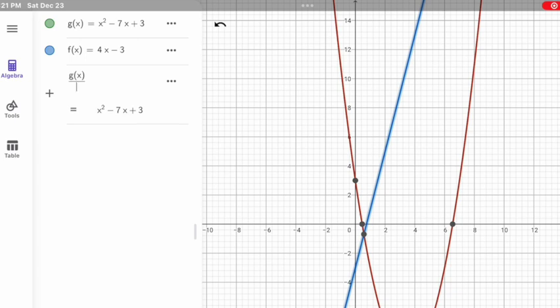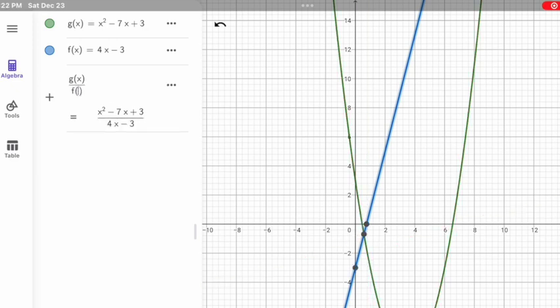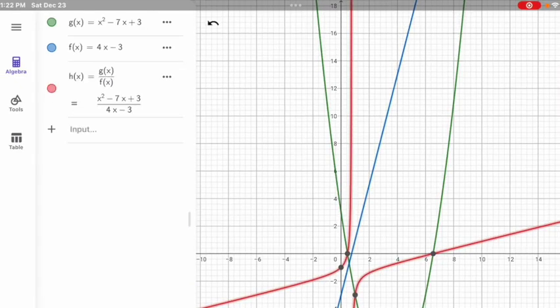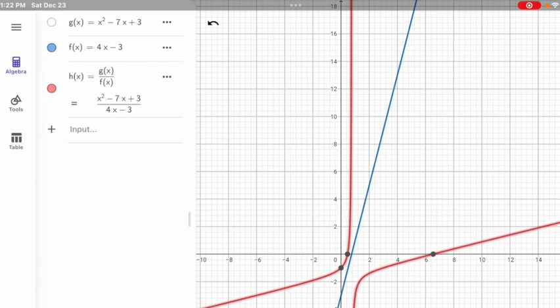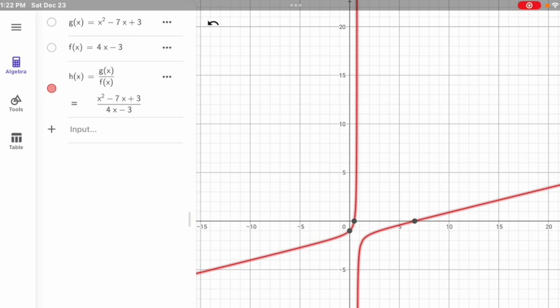So I create a new function, tell GeoGebra that I want to call it h of x, and divide g of x by f of x. Okay, we got this new function here. I'm going to turn off the other two now so we can look at just the combined function.